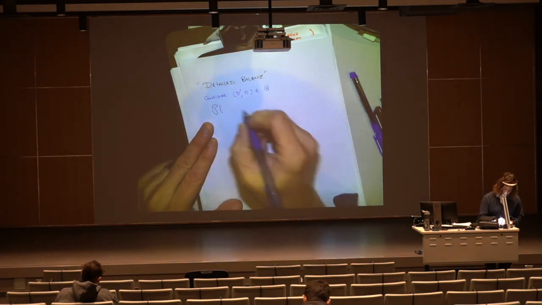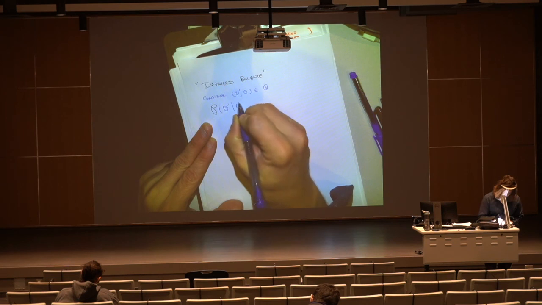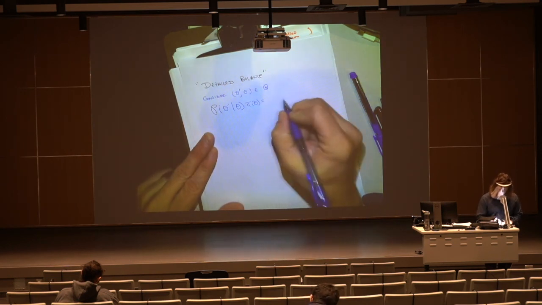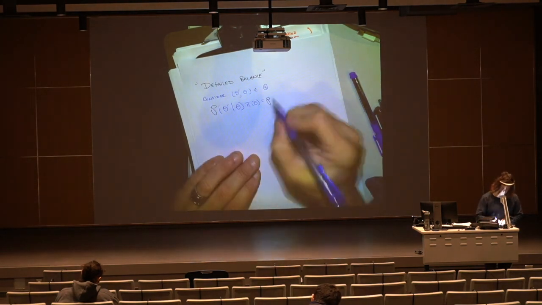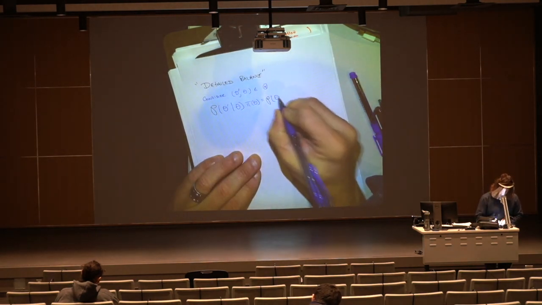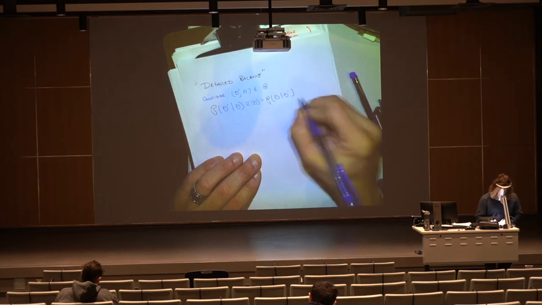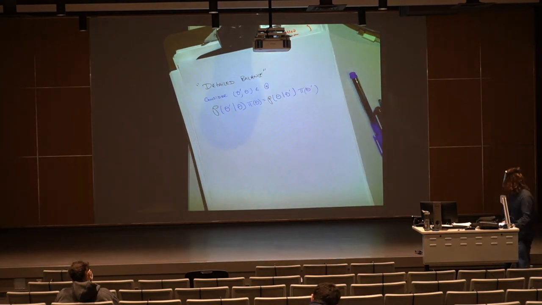So I want to start out with this equation next time. Theta pi theta is equal to, just to be consistent, theta given theta prime. And this is an equation we're used to seeing.